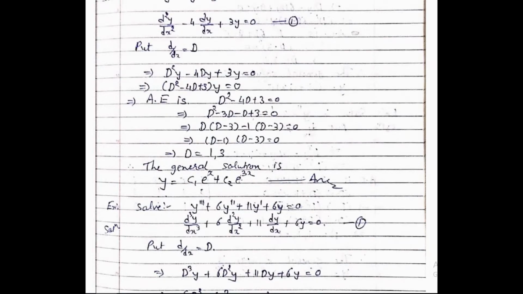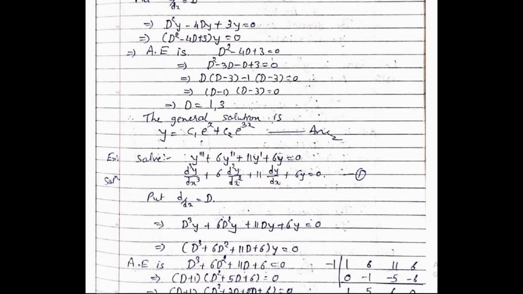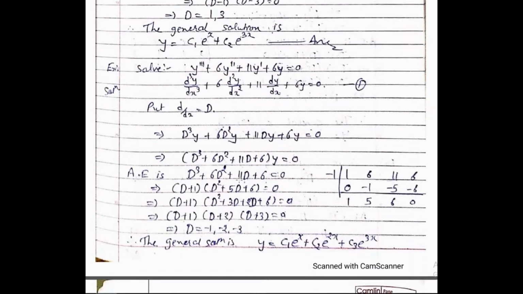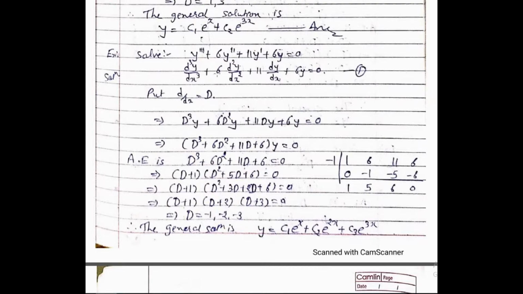in the general solution. In the same manner, second example: y triple dash plus 6y double dash plus 11y dash plus 6y is equal to 0. So this will be d cube y by dx cube plus 6 d square y by dx square plus 11 dy by dx plus 6y is equal to 0.